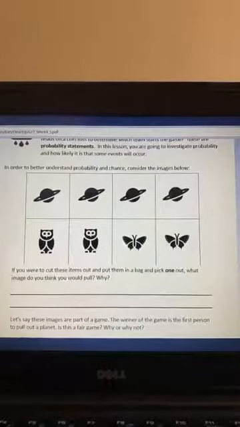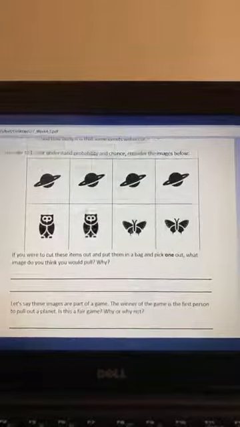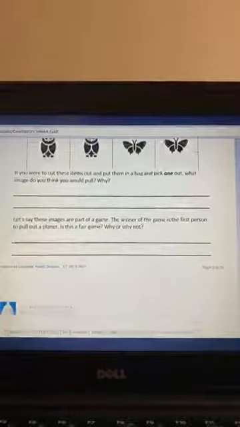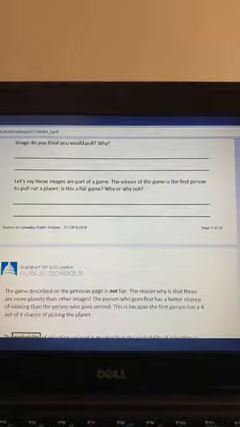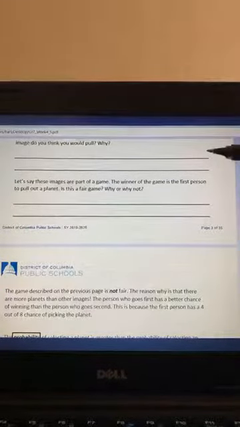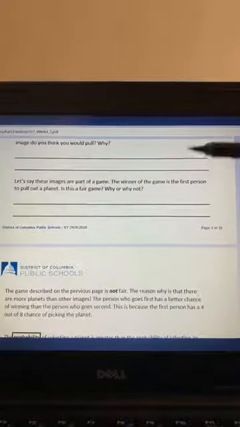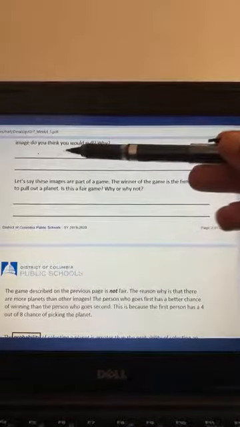So let's discuss my next question here. It says, let's say these images are part of a game. The winner of the game is the first person to pull out a planet. Is this a fair game? Why or why not? So Lisbeth, in these top 2 that we just went over, I just want you to write down the planet will be 50%.